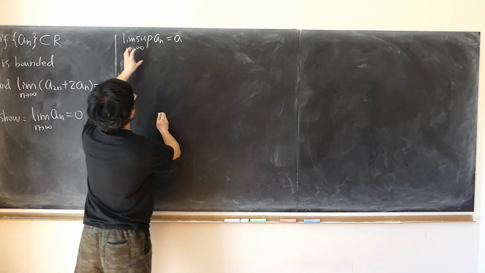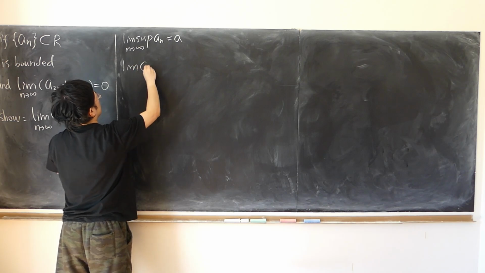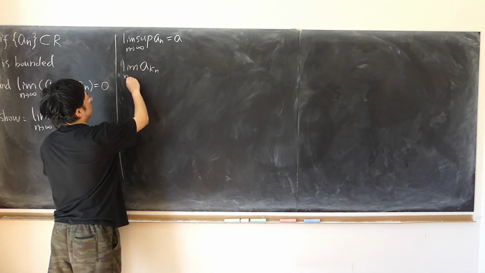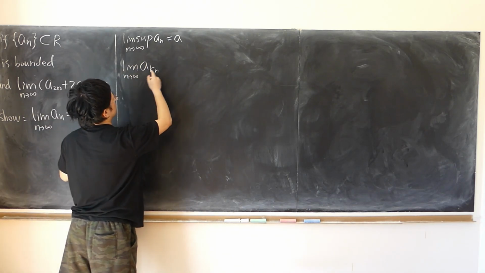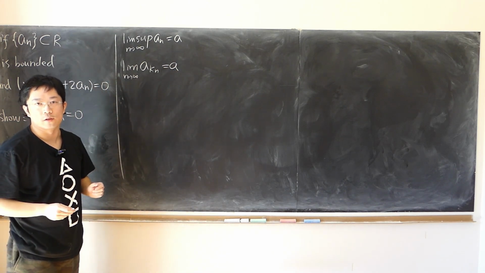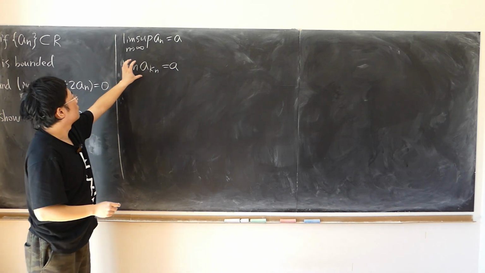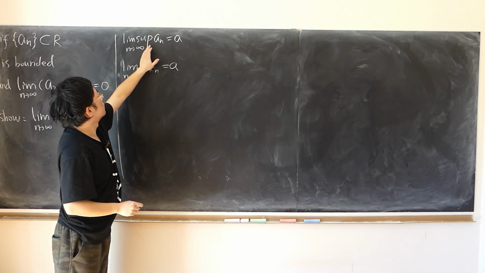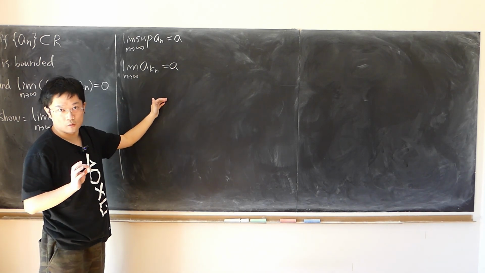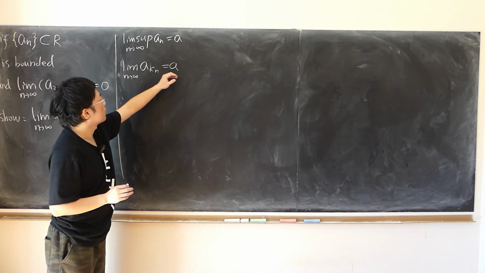Okay. So that's telling me that there must be some subsequence of a_n whose limit happens to be A. Like I said, I'll prove it in a future video, but that's a standard result, which says the lim sup also lives in that set that contains all the limit points, which means there has to be a subsequence whose limit happens to be A as well.